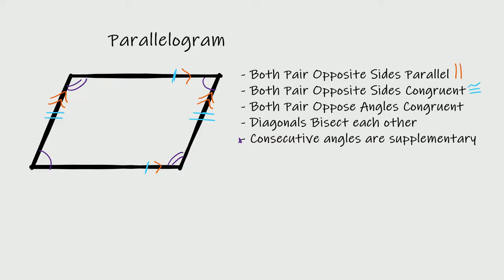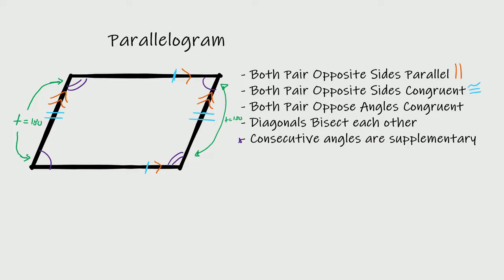So in this case, it would be this angle there and that angle there. Those are my two consecutive angles, and it says they are supplementary, which means that if you add them together, they add up to 180 degrees. And that's the same for these two as well. That's what it means by consecutive angles are supplementary.